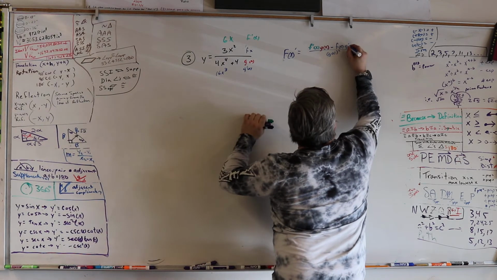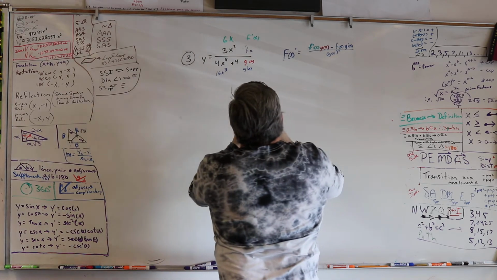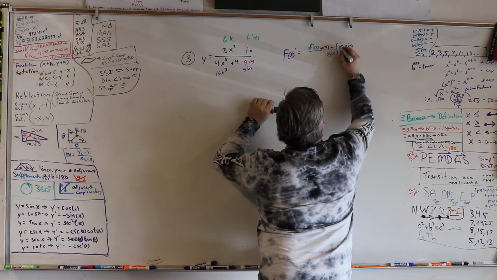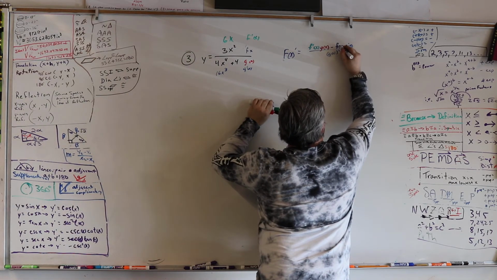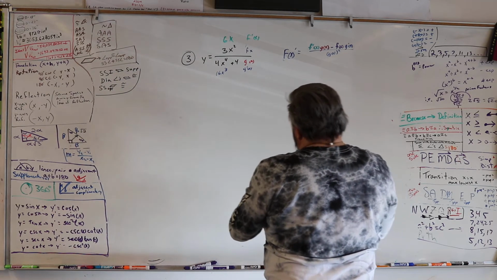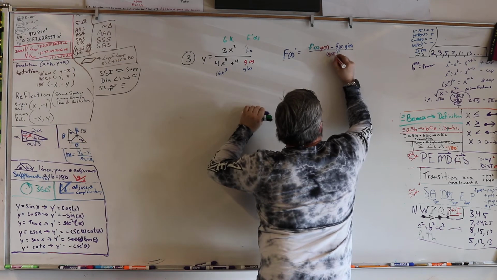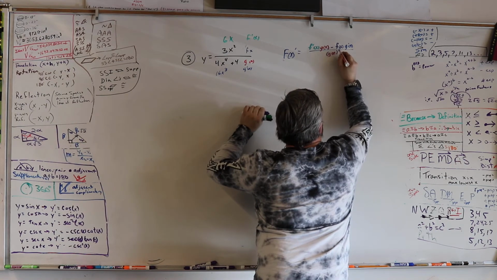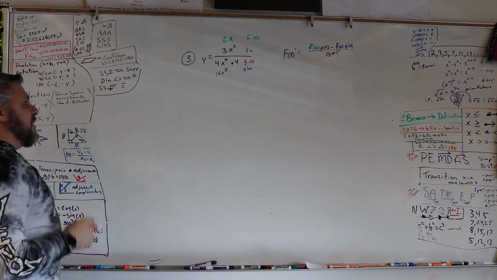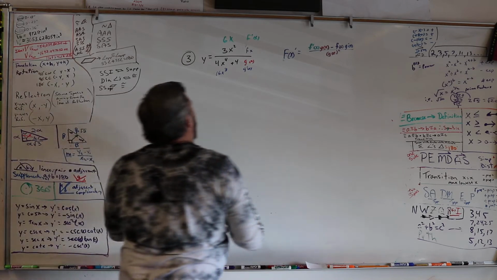The g prime of x is still blue, and the f of x is purple. And then the g of x was red, so that means this guy is squared. And when you color code it like that, it can help you organize things better.